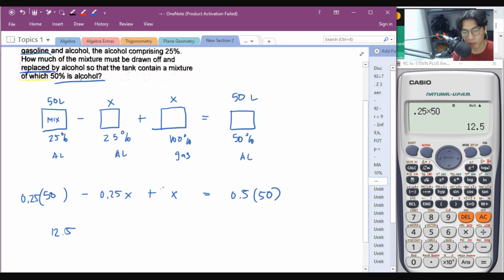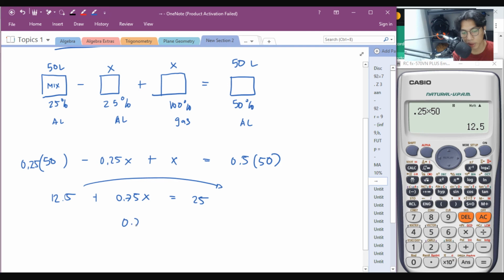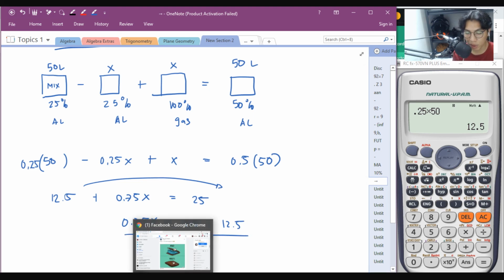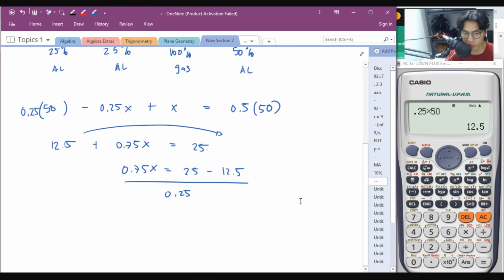Ito, minus 0.25x plus x, that is plus 0.75x equal to 25. Lipat ko dito. So, 0.75x equal to 25 minus 12.5. I-divide ko both sides by 0.75. How much will be the drawn off dun sa system?